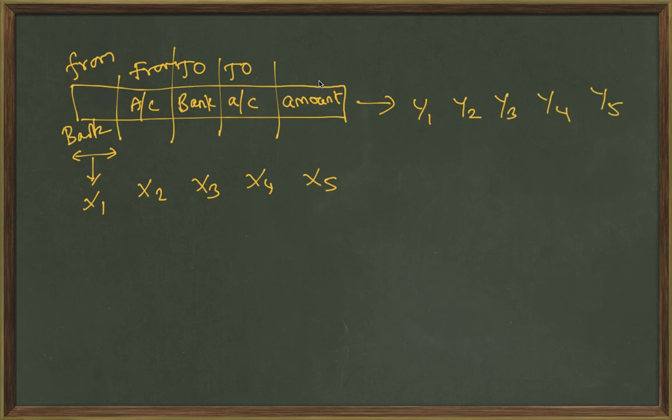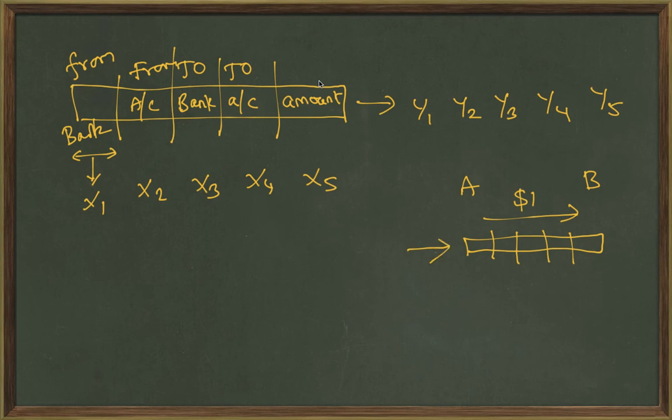I start two bank accounts, A and B, and transfer $1 from one account to the other. I observe the encrypted text. I perform this $1 transaction several times and collect the ciphertext data. After some point of experiment, I know which is block Y1, Y2, Y3, Y4 and Y5.